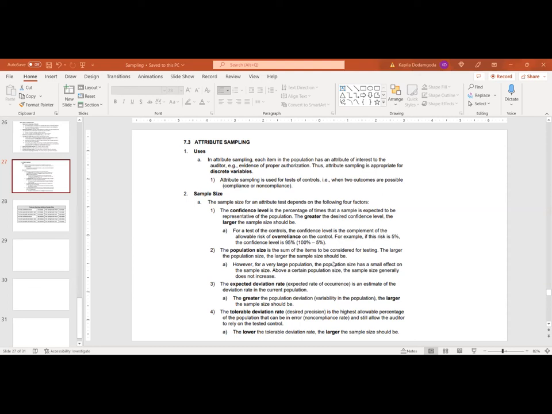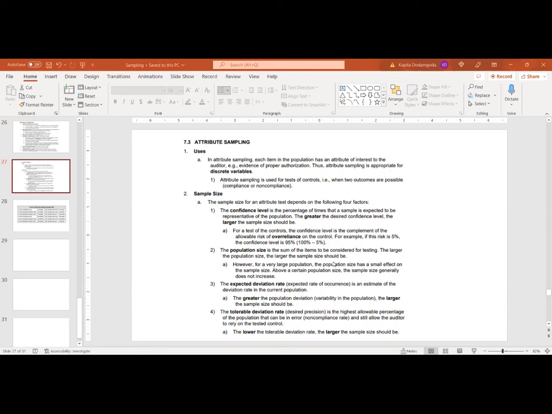So 2 points we looked at. The greater the confidence and lesser the risk, the sample size should be bigger. The lesser the confidence and higher the risk, the sample size can be smaller. The bigger the population, the sample has to be bigger up to a particular level. The smaller the population, the sample can be smaller.